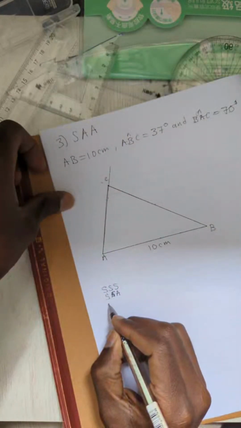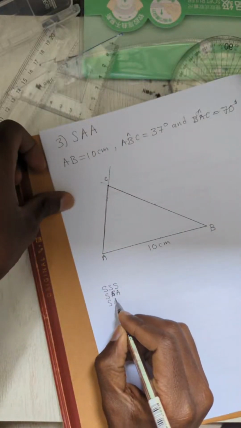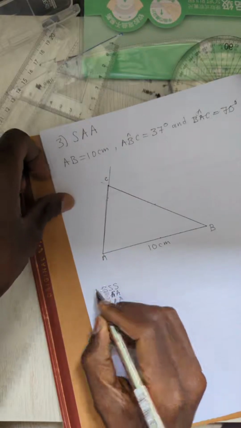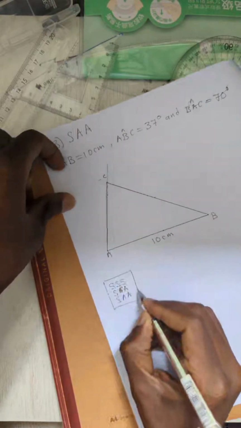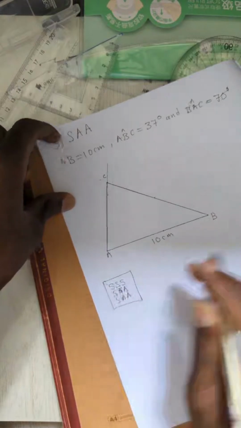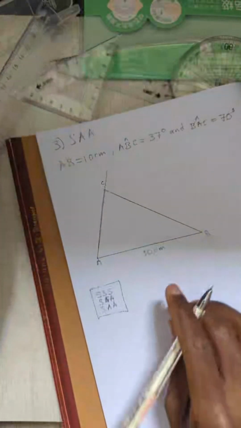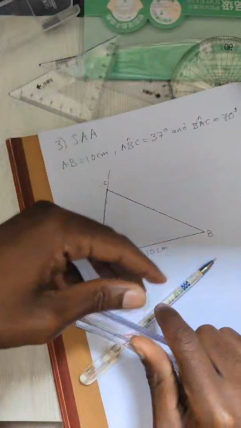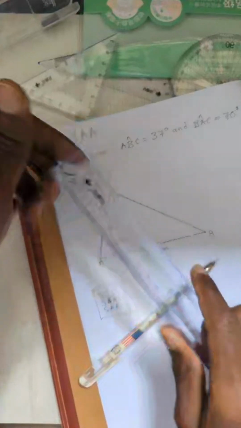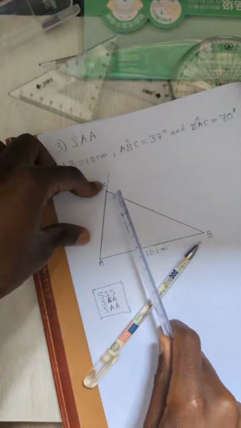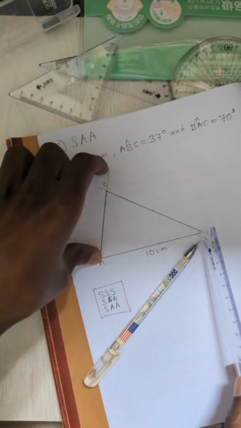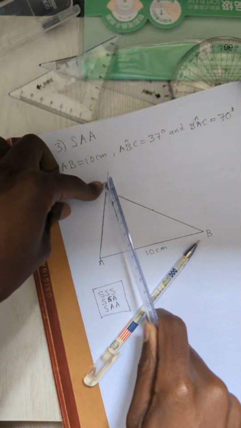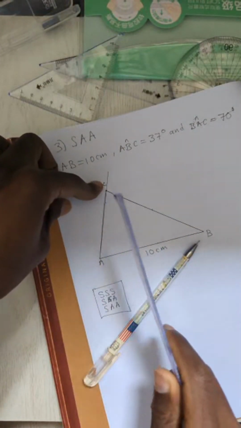The third is where we've been given a side and 2 angles. Once you practice more, just by looking at the question, you can plan how to do it. What is important is to know how to get the third point, especially C. A and B will be part of the first line, but getting the third point, that's how you have to be strategic.